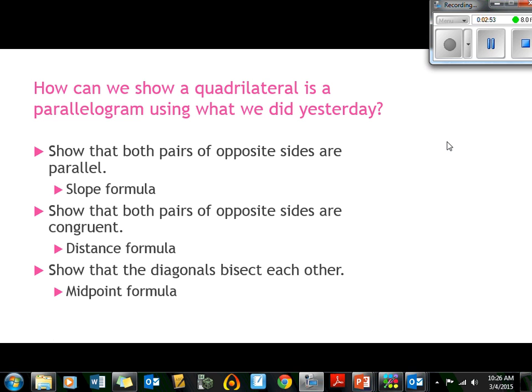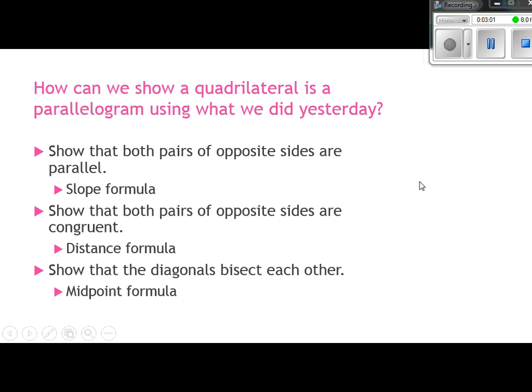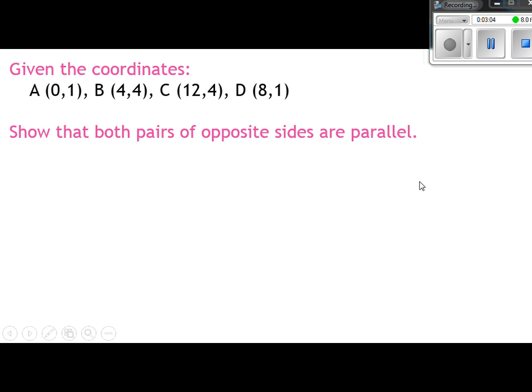Okay, so let's get started and do the very first problem. Make sure that you have all this stuff written down. It says, given these coordinates, show that both pairs of opposite sides are parallel. Show doesn't mean you're going to draw the figure and then just point it out.